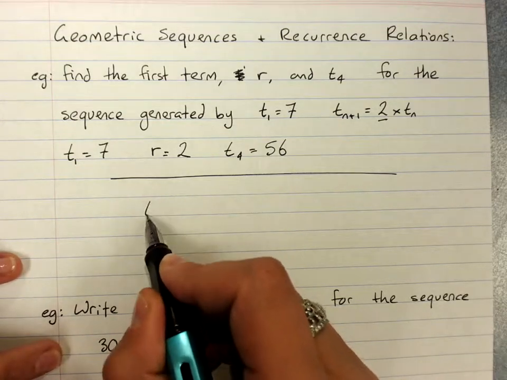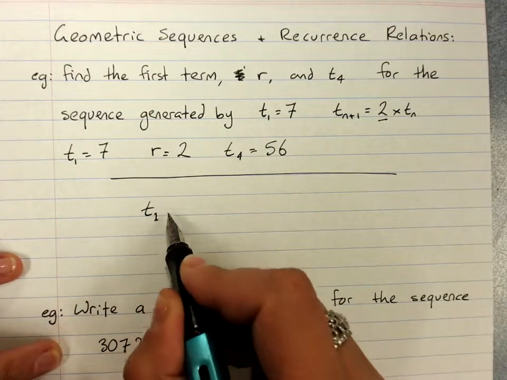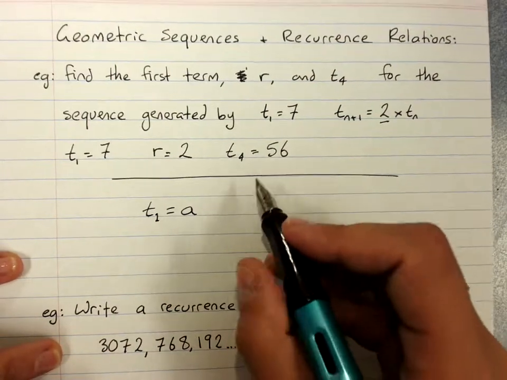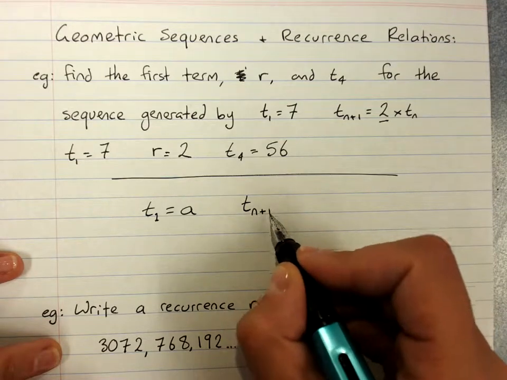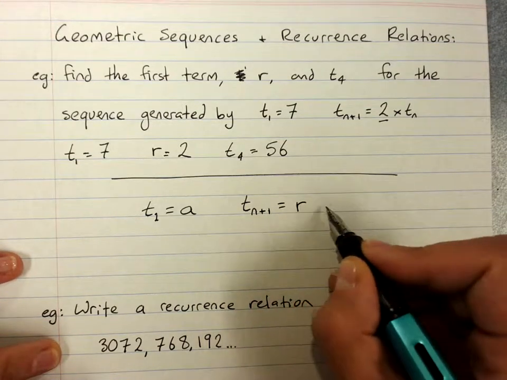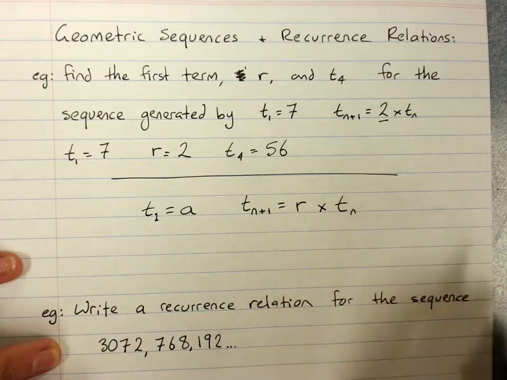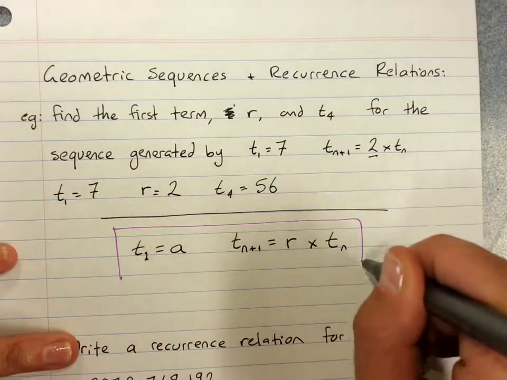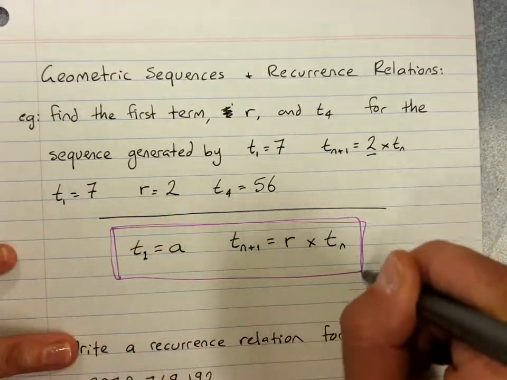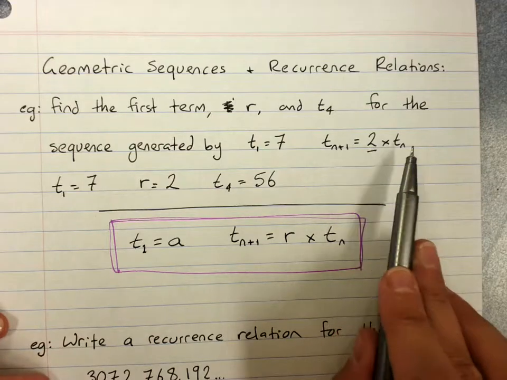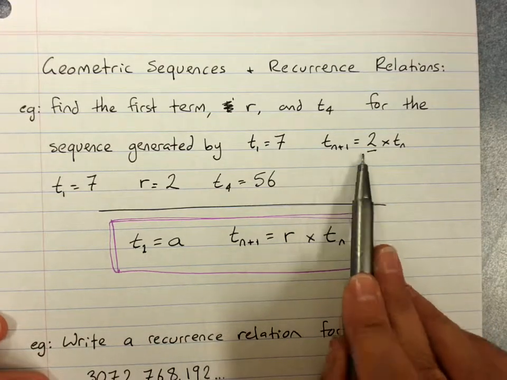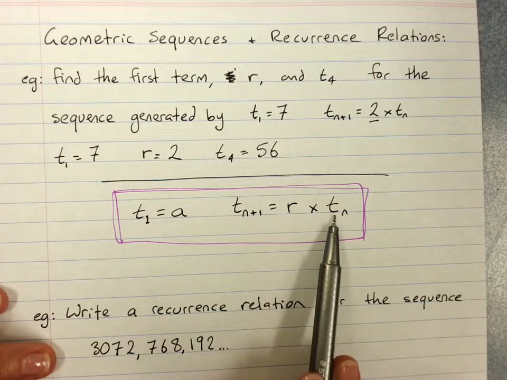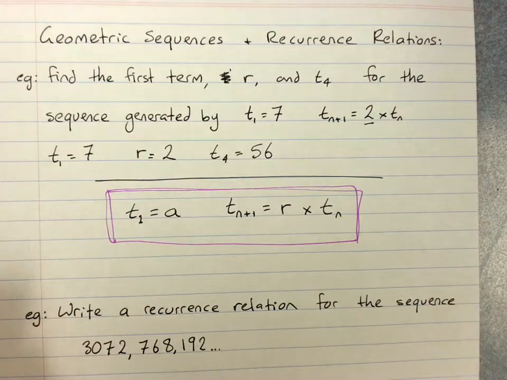Because the form of any geometric sequence is term 1 is A, that is, it's the first term, and the next term along is generated by the common ratio times the previous term. Sorry that I did not write out the form of a geometric sequence before hitting you with that question, but I'm sure you can see that the common ratio is multiplied by the previous term to give you the next term. This is the form of a geometric sequence, the ratio times the previous term. My bad.